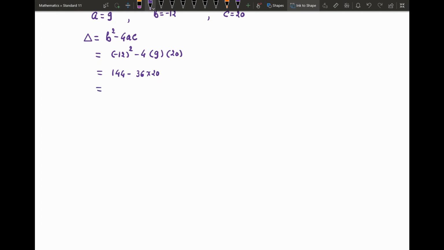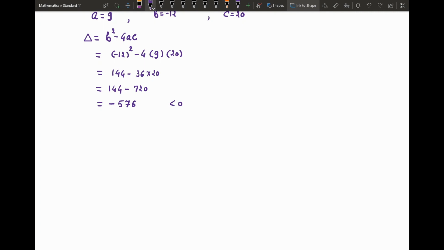So this is nothing but 144 minus 720. 36 into 20 is 720. So this is nothing but minus 576. You can observe delta is less than 0.